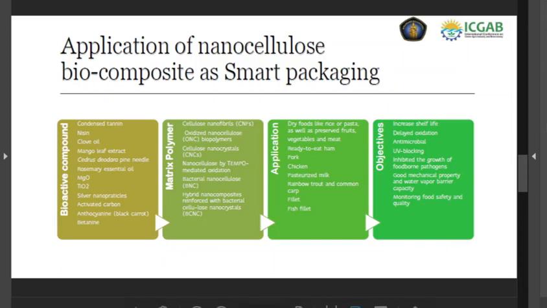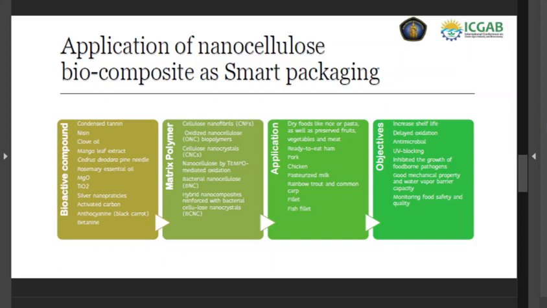These are bioactive compounds such as condensed tannin, nisin, clove oil, mango leaf extract, pine needle, rosemary essential oil, and then some nanoparticles, activated carbon, and then the last is bioindicator like anthocyanin from black carrot extract, and then the last is betanin.